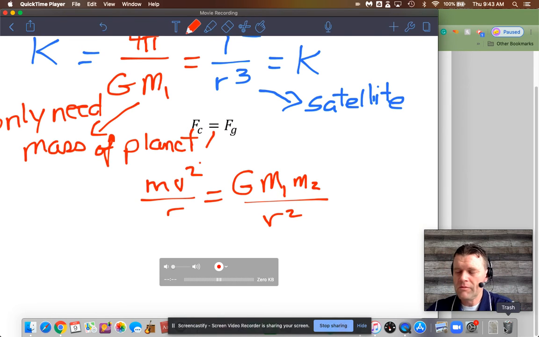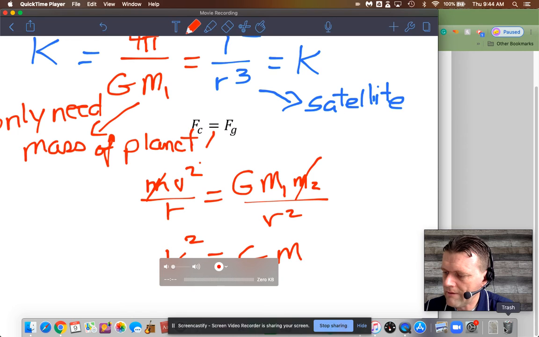Again, the m2 and this mass, if we're measuring the centripetal force on a satellite, that mass and this mass both cancel. And I think on your formula sheet, I just left it as v squared. I didn't take it further than that. I said that v squared is equal to Gm1 divided by r.